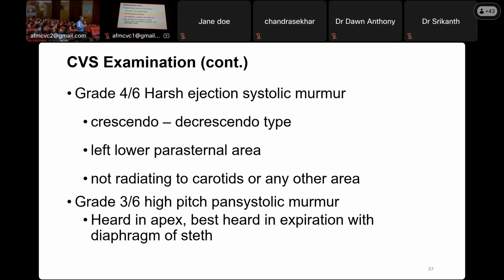It's the murmur which is because of the obstruction. HCM or aortic stenosis, sir? Aortic stenosis. Okay, some kind of obstructive murmur. And the second is the pansystolic murmur, which is heard at the apex. So it's an MR murmur, sir. Best heard in expiration. So it's likely an MR murmur. In this case, it can be because of the SAM.